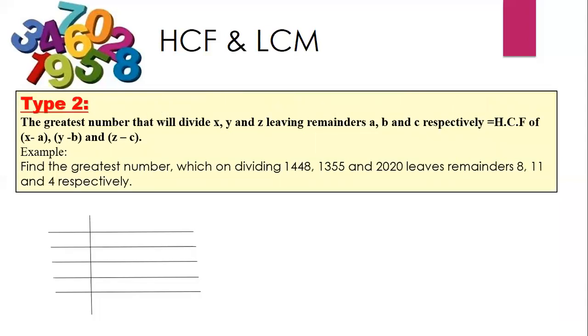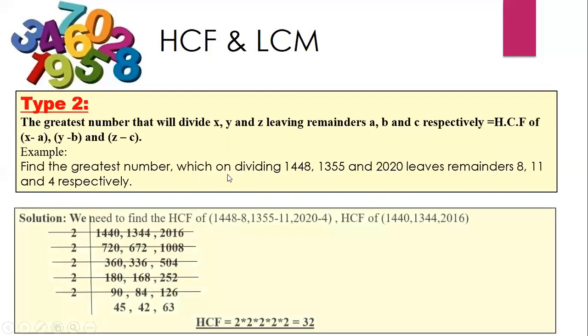Next type, the greatest number that will divide x, y and z, leaving the remainders a, b and c respectively. Which means we need to find out the HCF of x minus a, y minus b, z minus c. For example, here the greatest number which on dividing 1448, 1355 and 2020, leaving the remainder 8, 11 and 4 respectively.